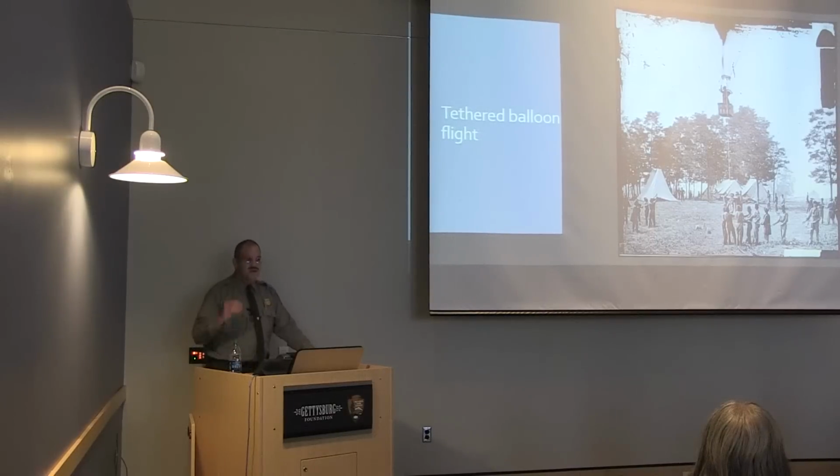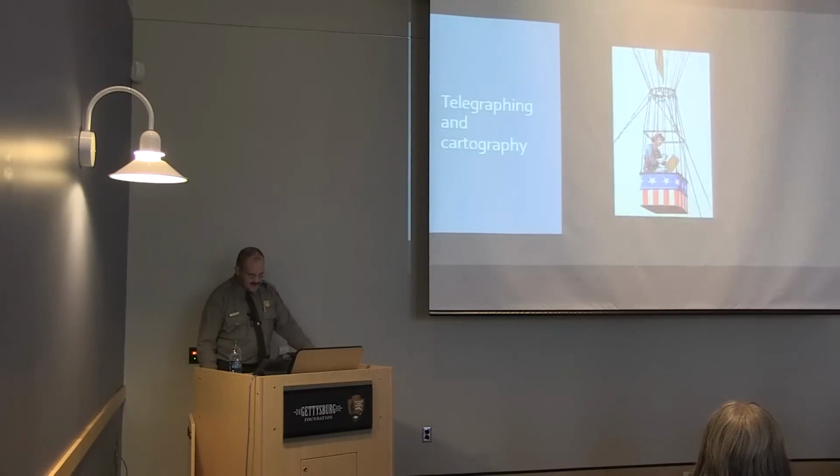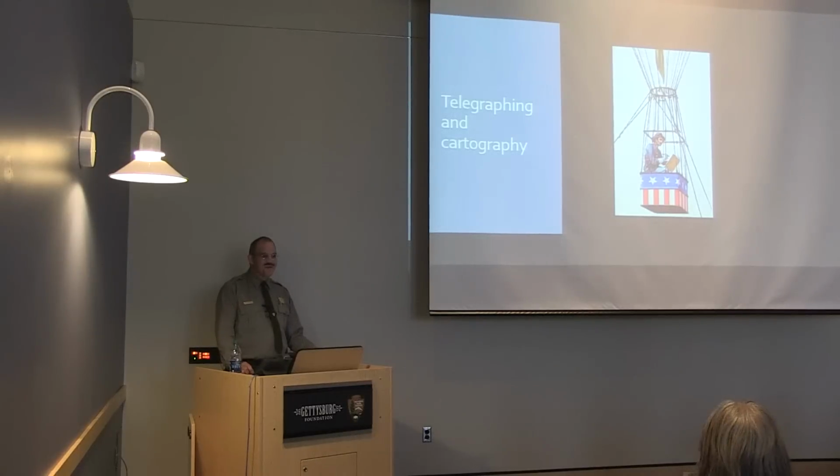And the balloons would be raised to a certain level so that a telegrapher could telegraph what he saw from this bird's eye perspective. And the telegrapher would have cartography abilities, and so they would make maps. I suppose the equivalent today would be Google Earth.